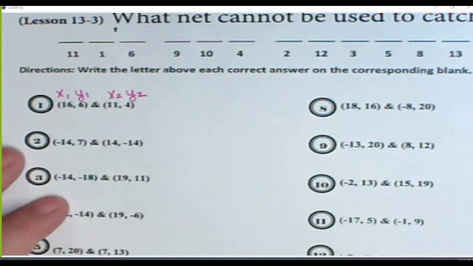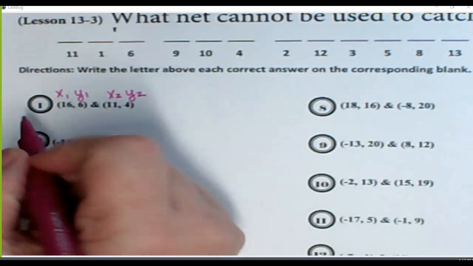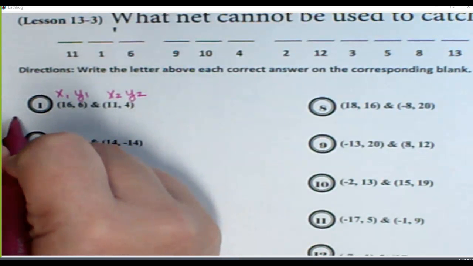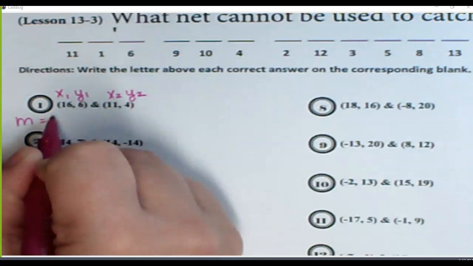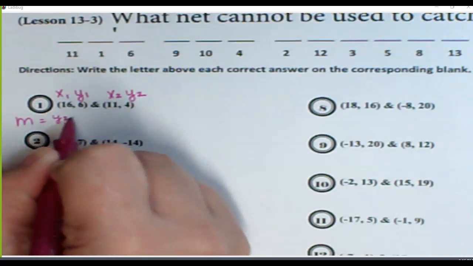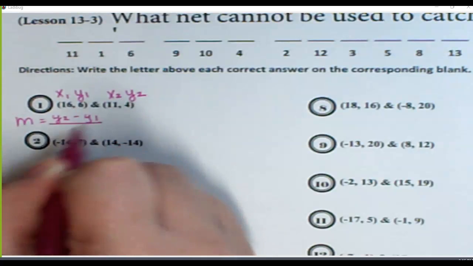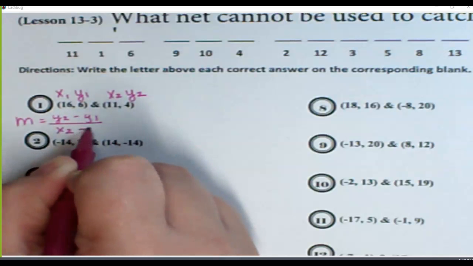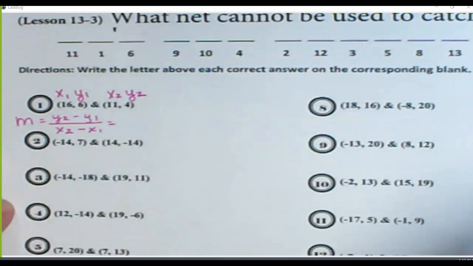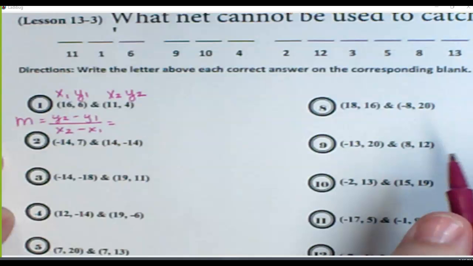All right, next step, what do we do? Write the formula. M equals y2 minus y1 over x2 minus x1. Very good. Substitute the numbers into the formula.